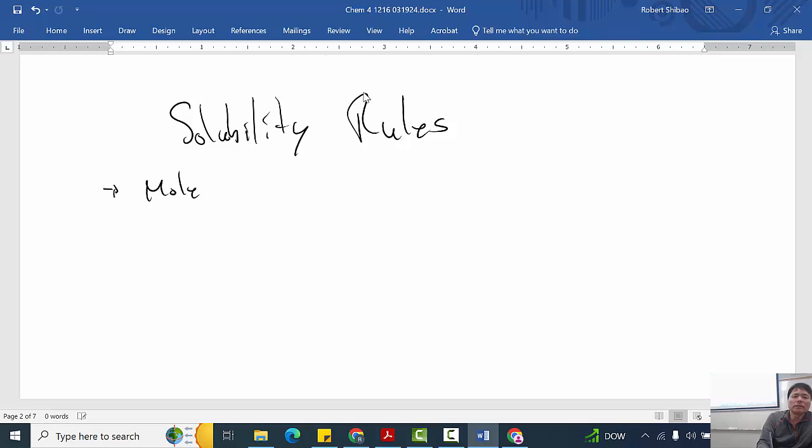For molecular compounds, it's a very simple solubility rule.